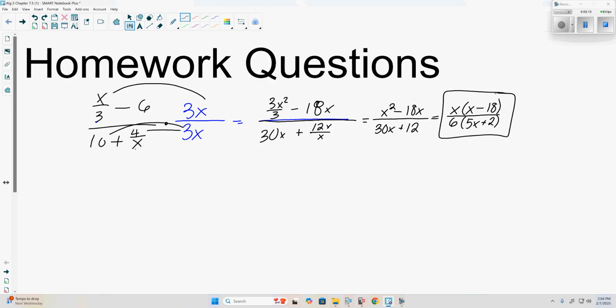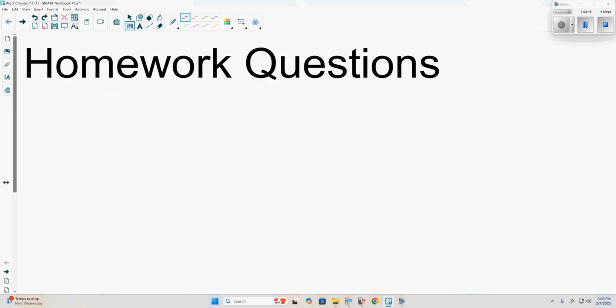All right. We ready to look at 42? Now, our least common denominator that we're going to multiply everything by has 3 terms.